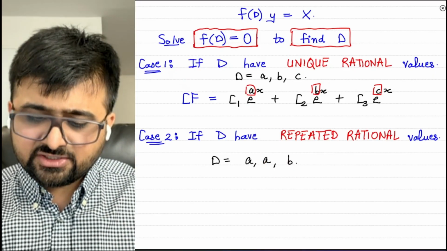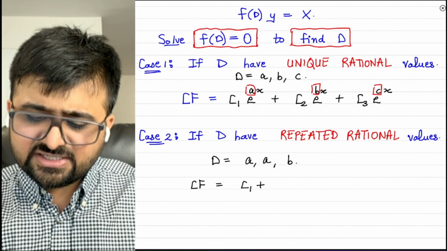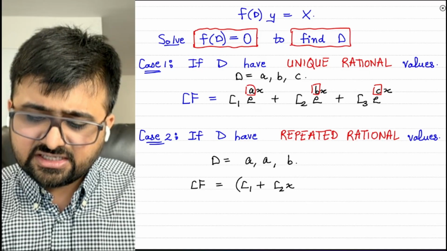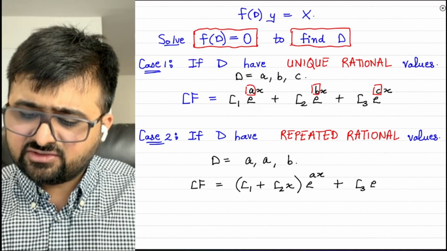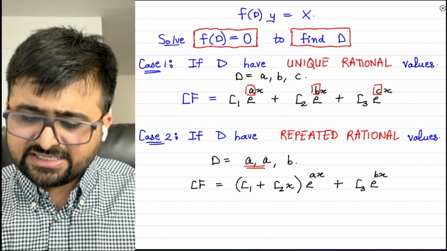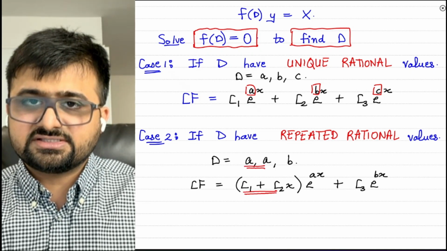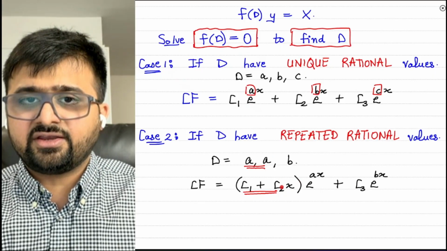If a is repeating two times, my complementary function would be (C1 + C2x) e^(ax) + C3 e^(bx). Since a is repeating two times, I write a linear expression, and since there are three roots, there are three arbitrary constants.